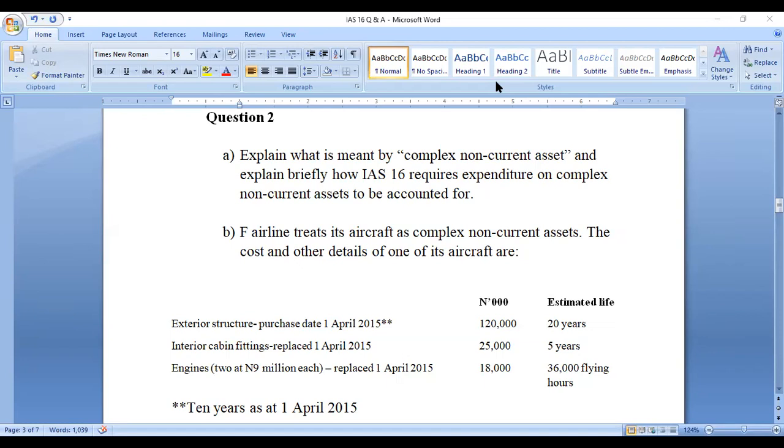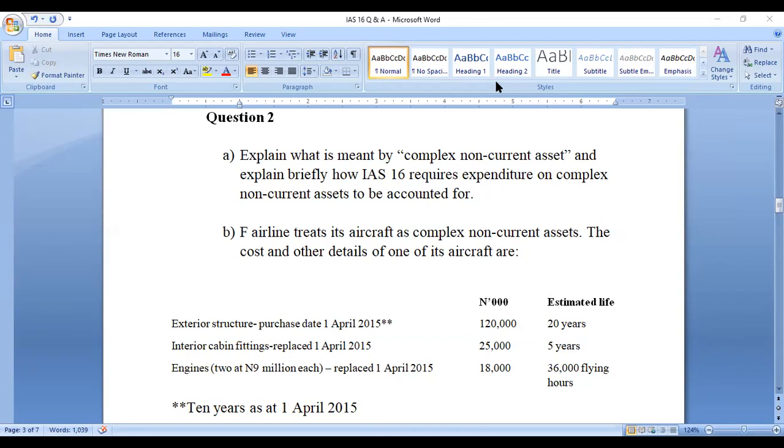A typical example is maybe a ship or an aeroplane, which is recognized as a single asset, but it is made up of other significant parts which are recognized as assets as well. Okay, thank you very much.